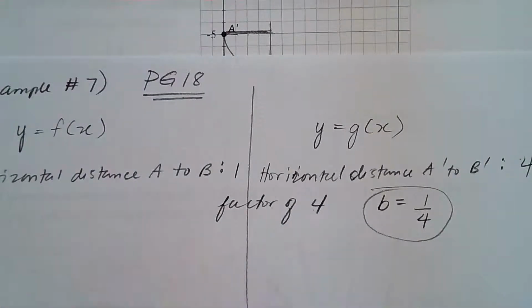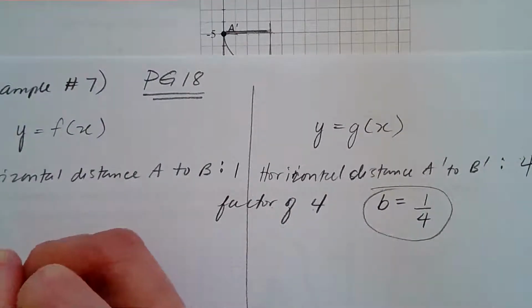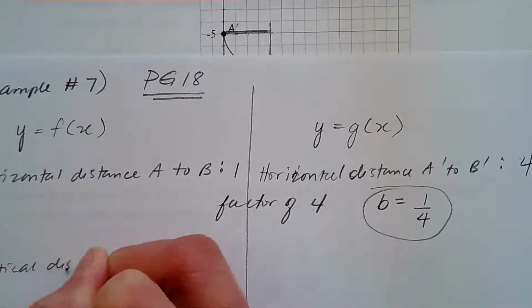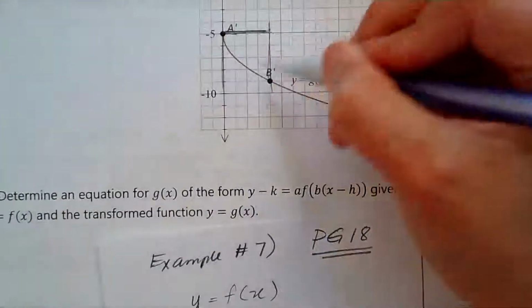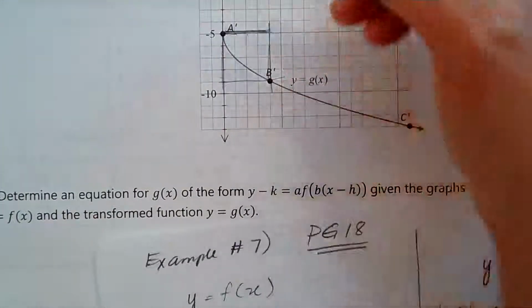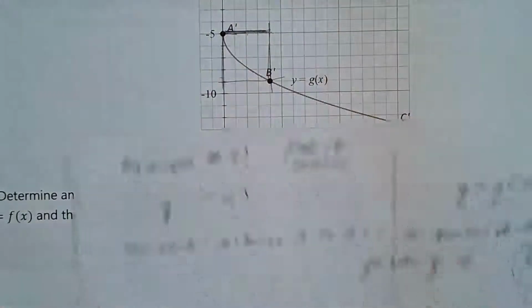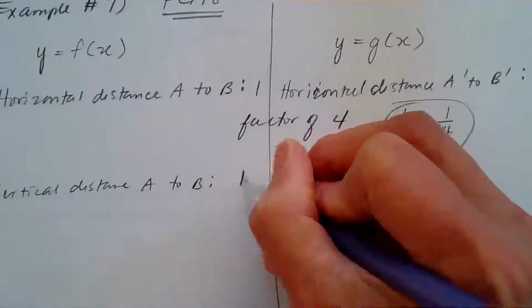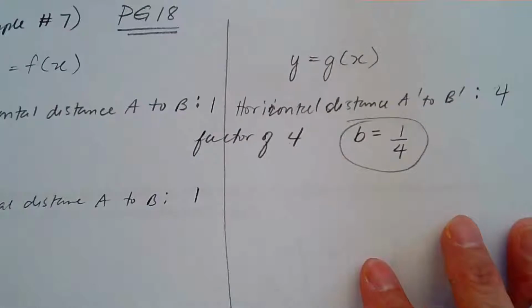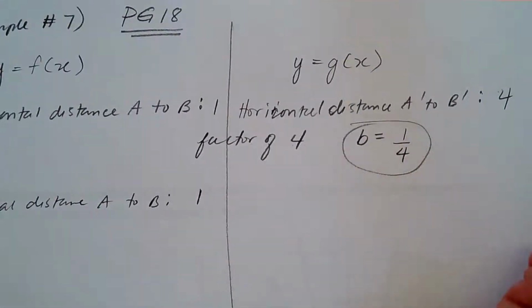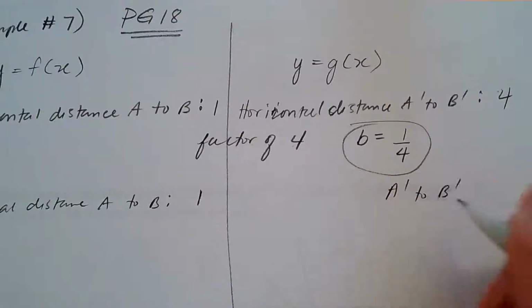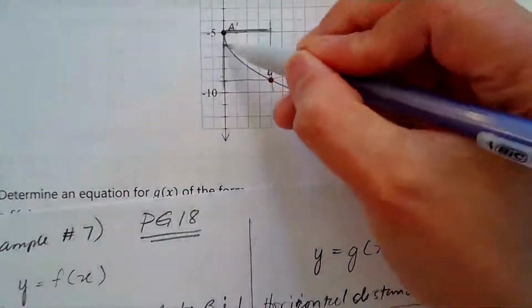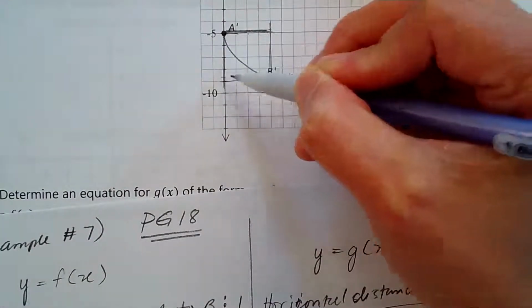Now let's do the vertical distance from A to B. If A and B are here, how far are they vertically? It's 1. And that's not bad, right? What about from A prime to B prime? How far are they? 1, 2, 3, 4.